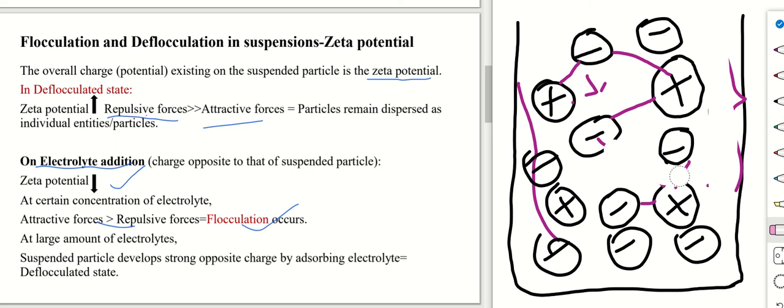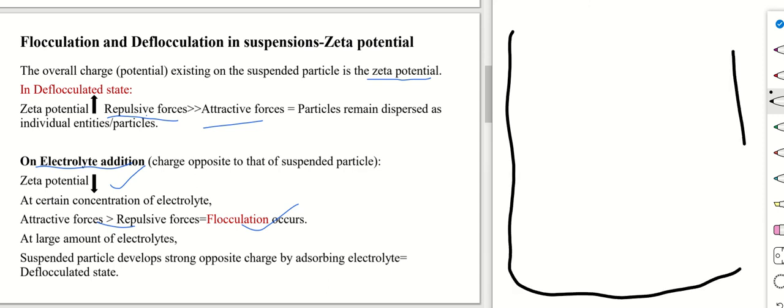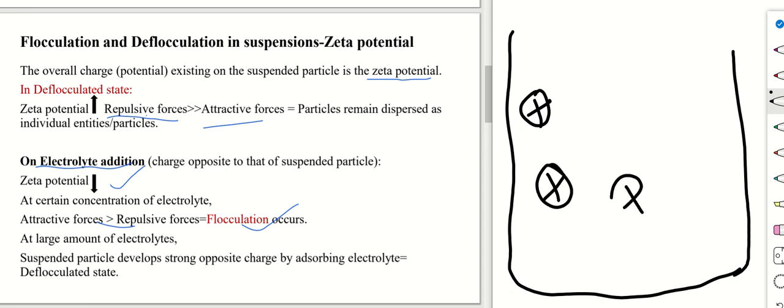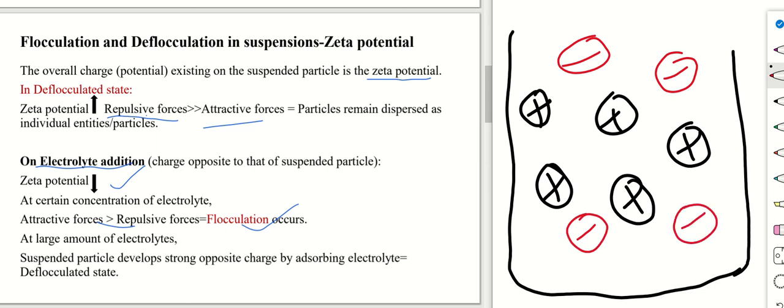Now, let's see how the concentration of the electrolyte helps in maintaining the stability. Say we are taking the positively charged drug particles and we have added the negatively charged particle or electrolyte.